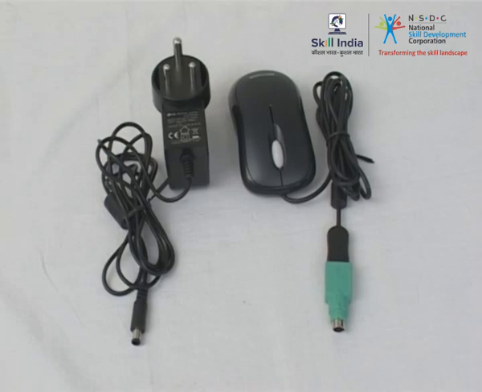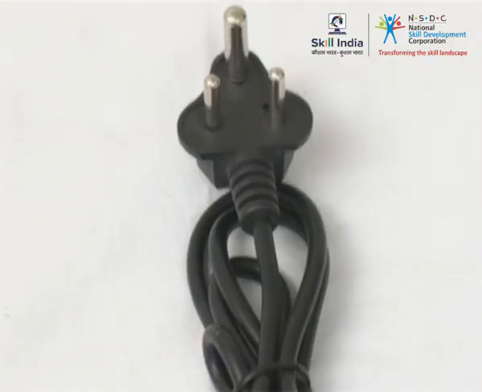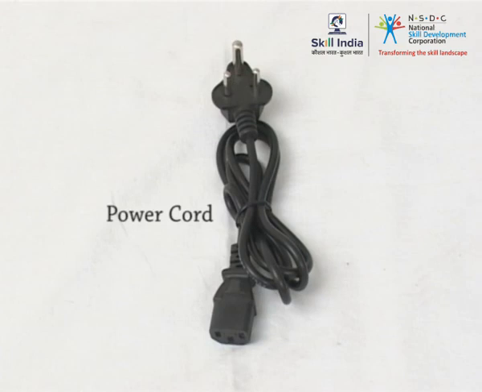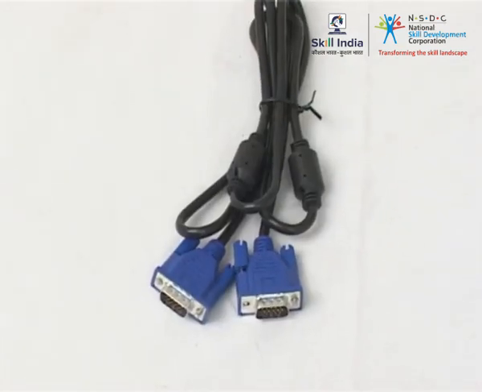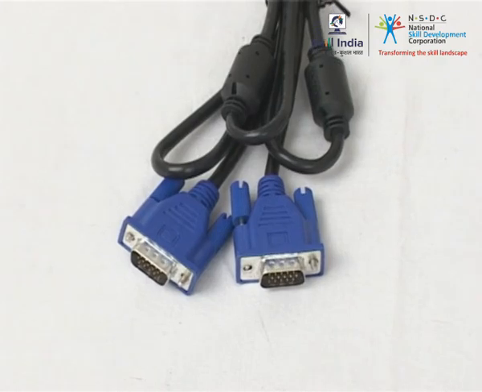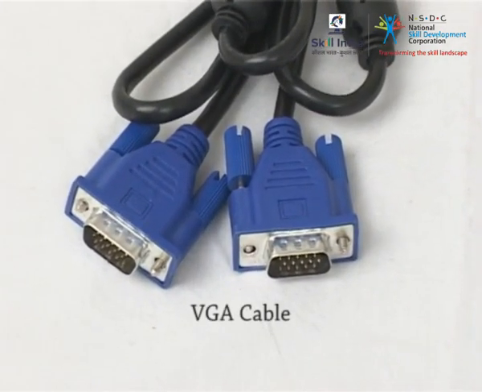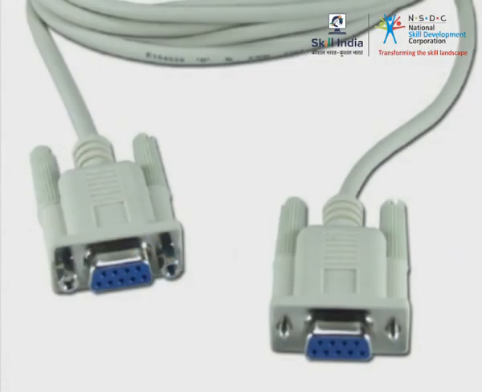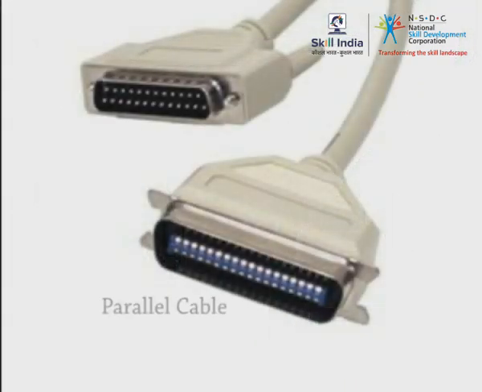These are various cables. This is the power cord. This is the VGA cable to connect the monitor to the motherboard. Serial cable for connecting the modem to the motherboard. Parallel cable for the dot matrix printer to the motherboard.